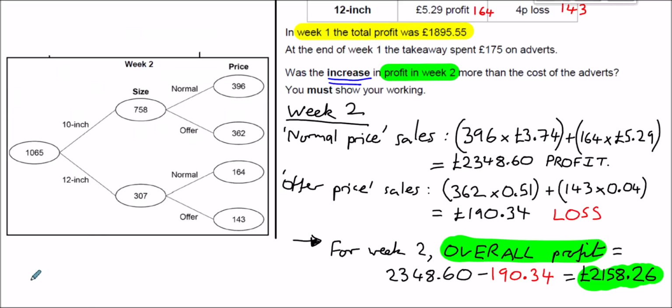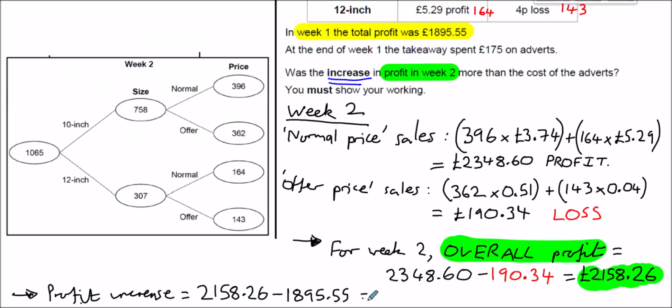And so the next step now, we can do the increase in profit. So the profit increase is £2,158.26 subtracted from what the profit was in week 1. So for week 2 profit minus week 1 profit will tell us the increase.